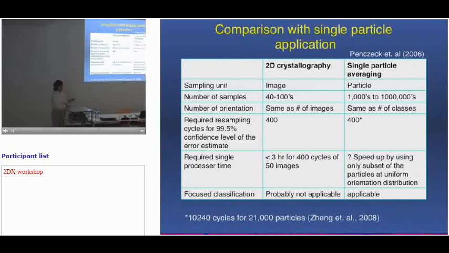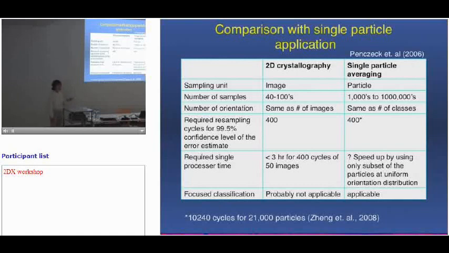The required number for resampling: at the time we were about to publish the results, we each did some estimation, and Pavel came out with about 400 being good, and I agreed with him. So we just did 400.